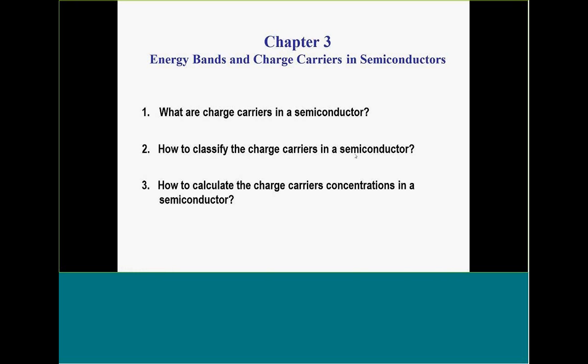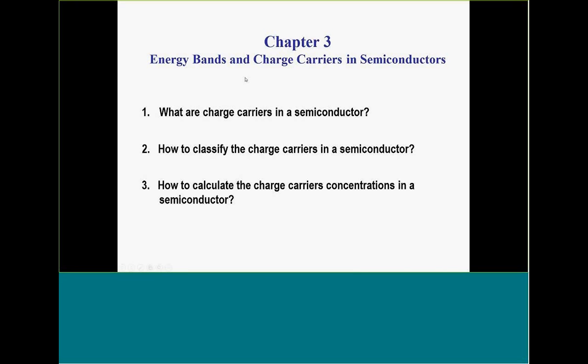It's very important for us to know how to classify, because not only do we want to know what the charge carriers are, but we would like to control them. Whether in a certain situation we would like them to be less, or more, as whatever properties we would like to have for our devices. And of course, we would like to calculate the charge carrier concentration. At least it gives us some idea whether we are going to have an avalanche or whatever it is.